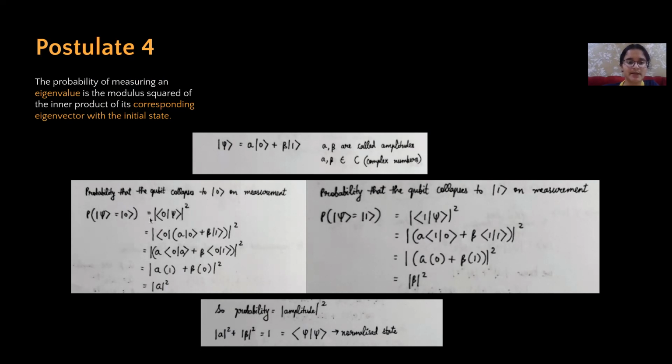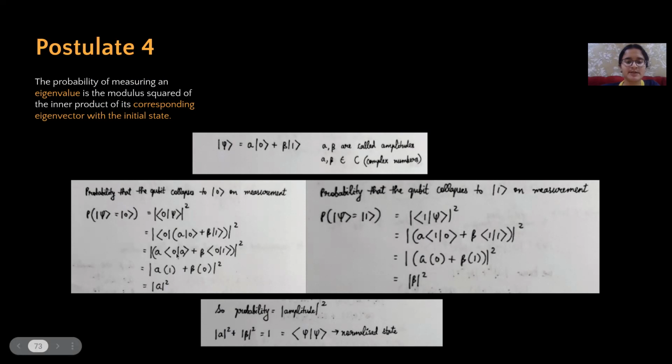When we open up ket psi, put in this equation given over here, and multiply each corresponding term, we get an equation like this, wherein the inner product of 0 with itself gives us 1, and the inner product of 0 and 1 gives us 0, because 0 and 1 are orthogonal. If you don't know how this happened, you can check the video on Dirac notation.